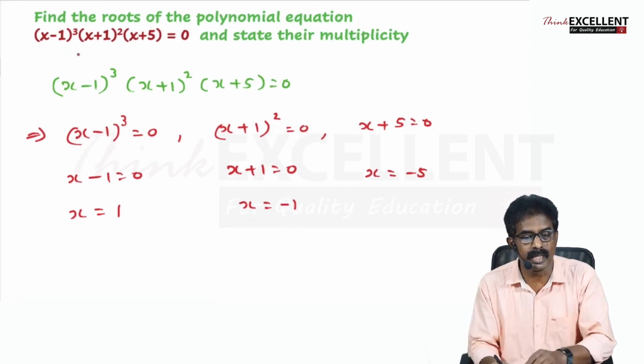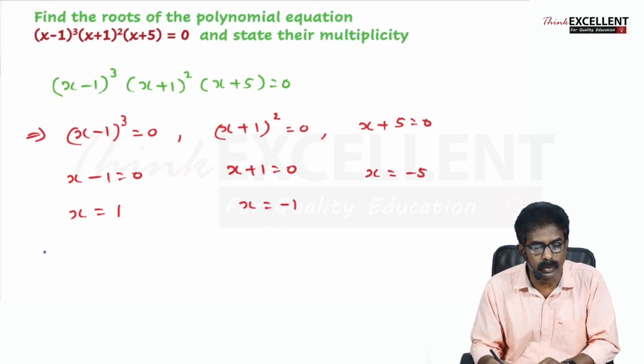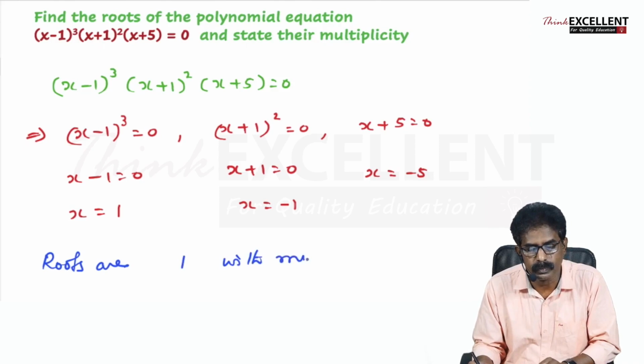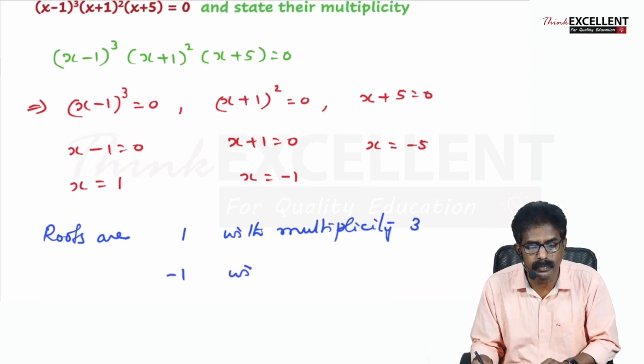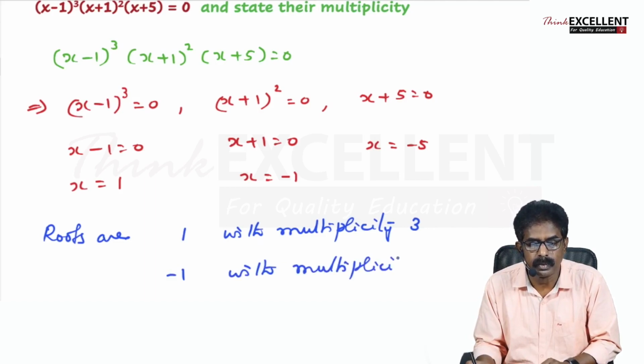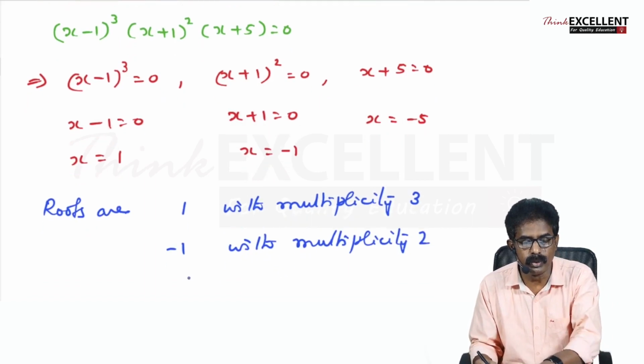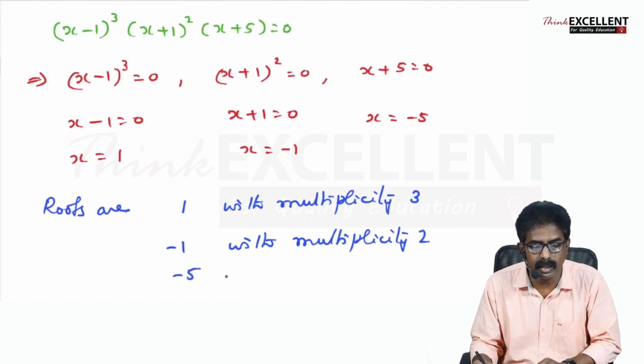Okay, so now when you write the final answer, you say the roots are, the first one is 1 with multiplicity 3 because the power is 3. Then minus 1 with multiplicity 2 because the power is 2, and minus 5, so it's a simple root, right?